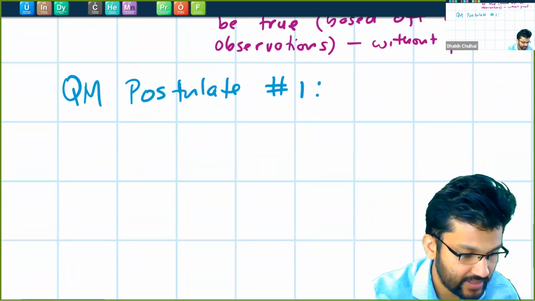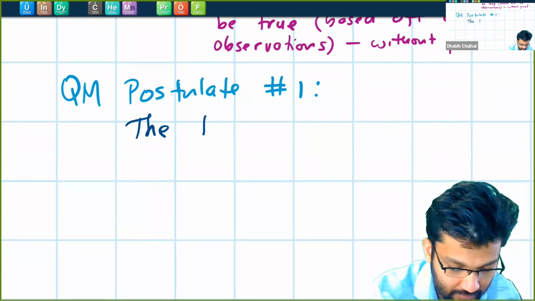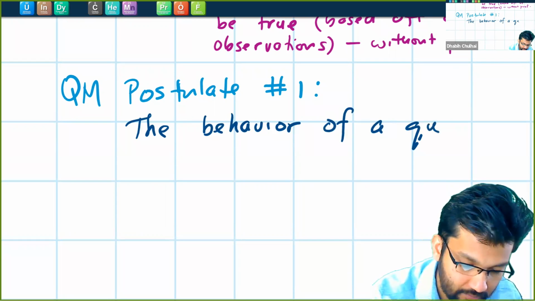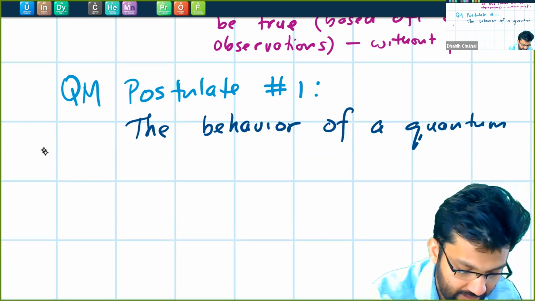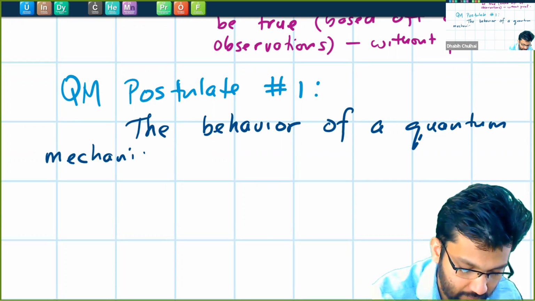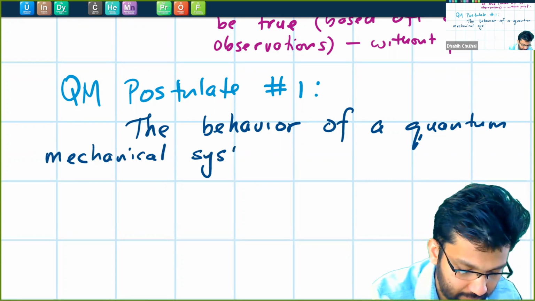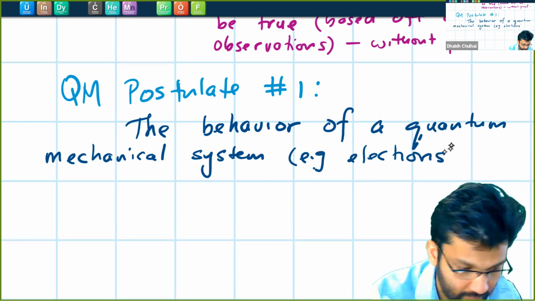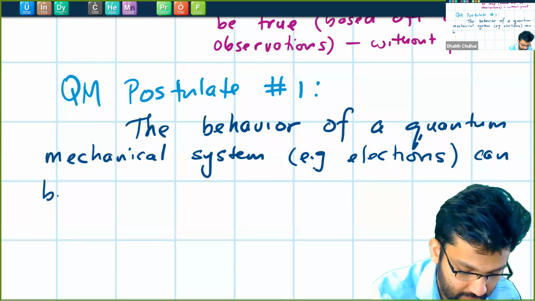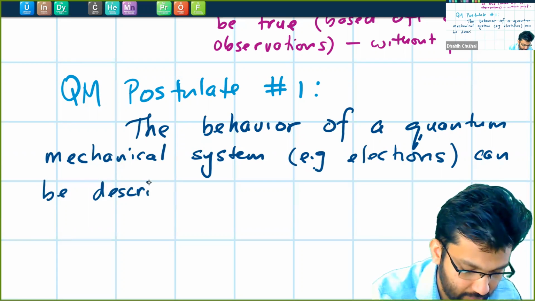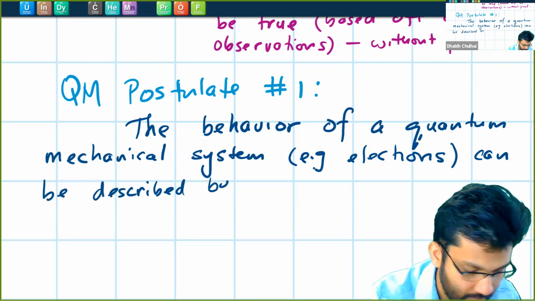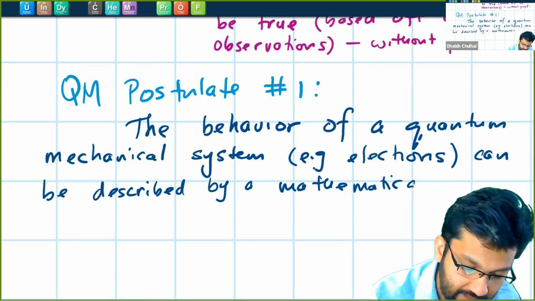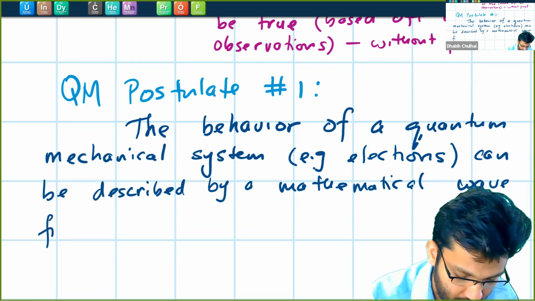For our first postulate, we're going to say that the behavior of a quantum mechanical system, for example, electrons in our case, can be described by a mathematical function, a mathematical wave function.